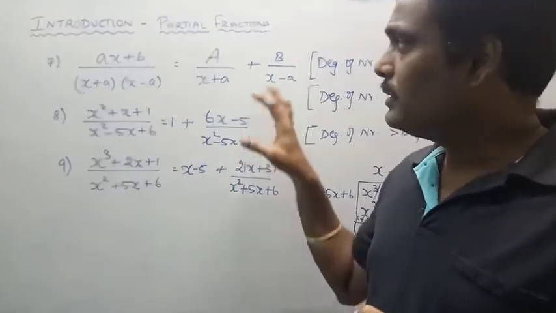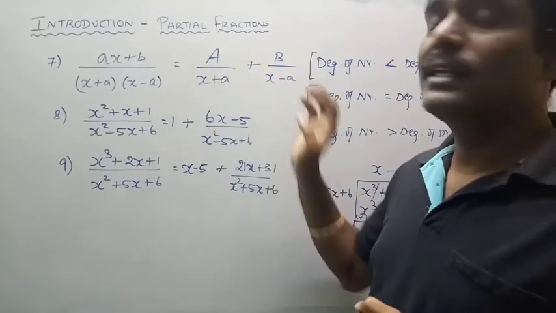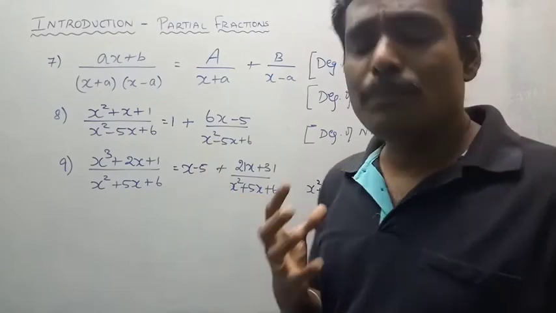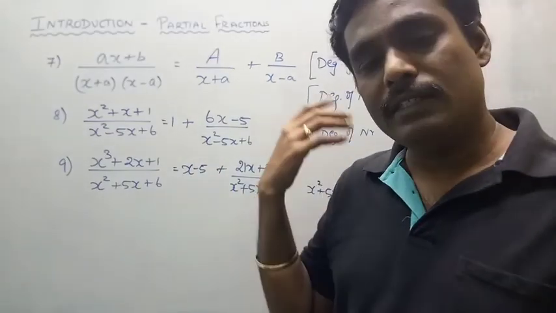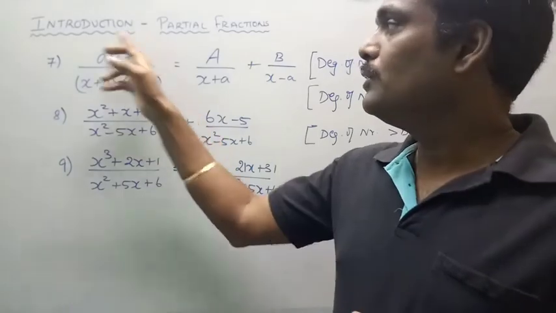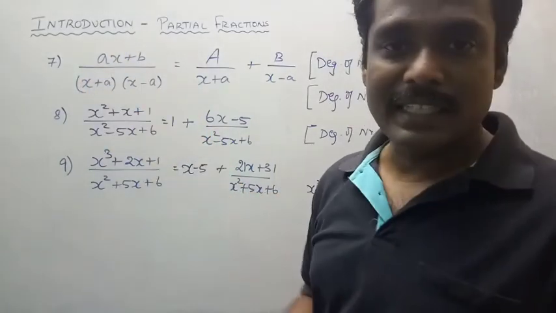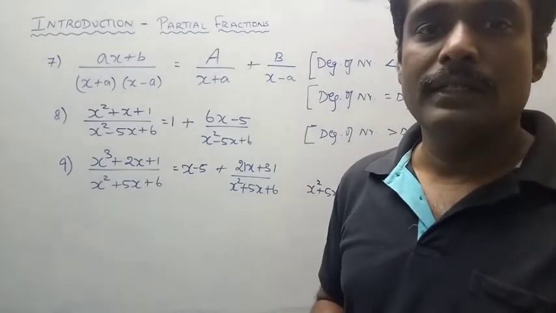But this is the fundamental one. For fractions you should know how to split like this. In future it is a very important topic in calculus, differential or integral, and in many other topics also. Sometimes you cannot proceed with the fraction as it is, so you want to use partial fraction. Okay, got it?